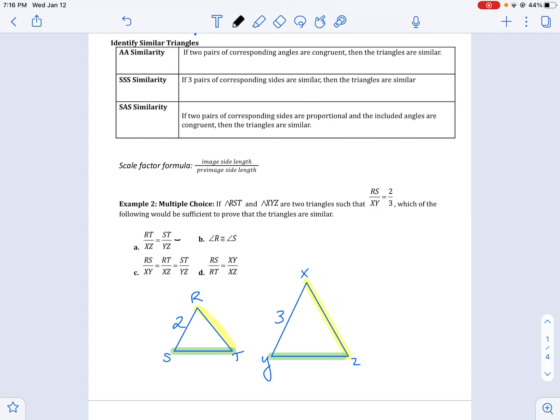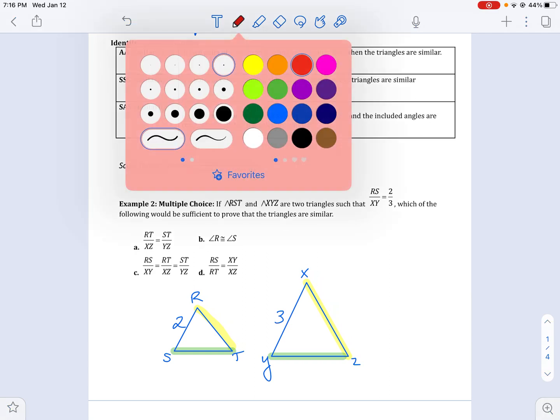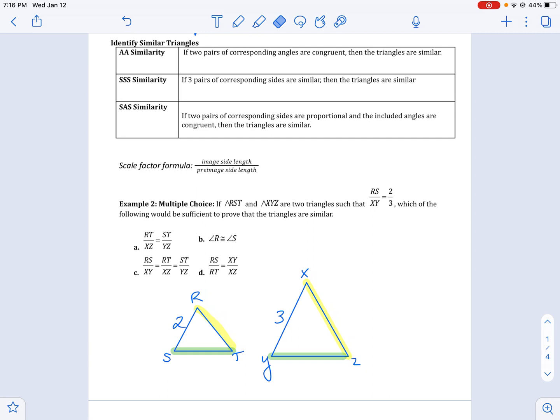So we don't know if these even equal 2/3. If that ratio was 2/3, then we would have similar triangles by side, side, side. But because we don't know what that ratio is, we cannot say that those are similar triangles.